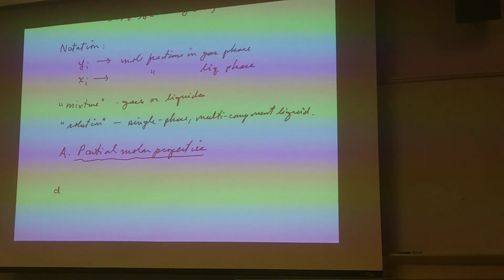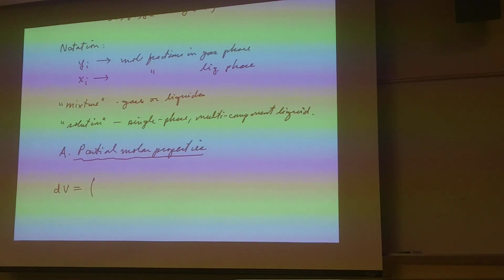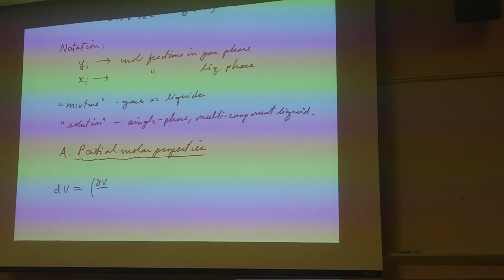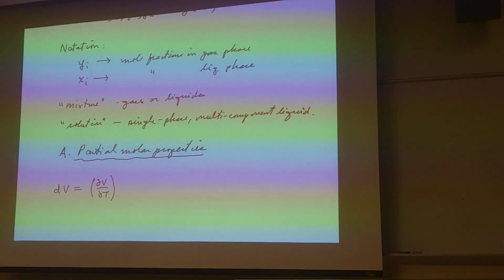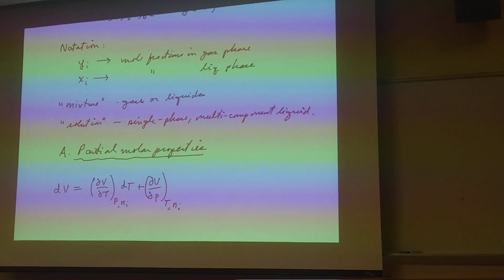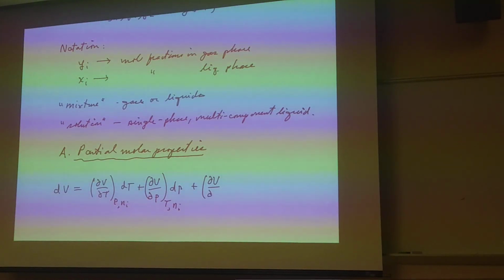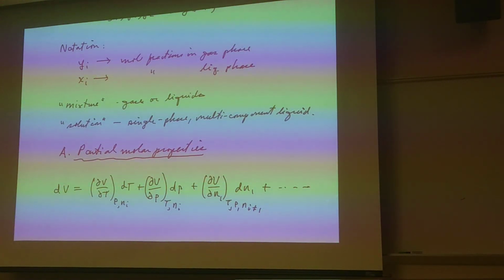I could write, for example, that dV, can expand it out, is going to be equal to, given the equation that I had above there, partial V with respect to T at constant P and all the mole numbers, dT, plus partial V with respect to P at constant T and all of the mole numbers, dP, plus partial V with respect to N1 at constant T and P and all of the n's j not equal to 1, dN1, plus similar terms for the other mole numbers.